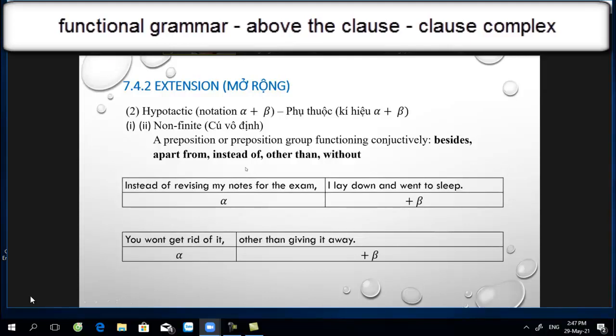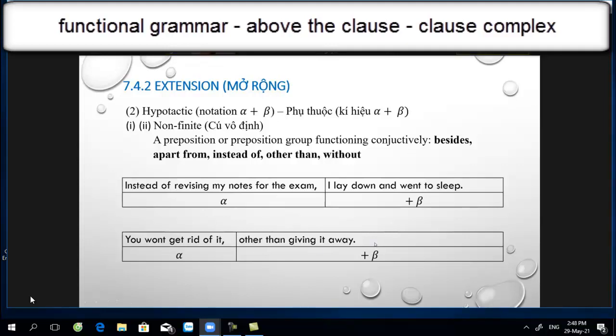And now we have besides, apart from, instead of, other than, and without. Ting, can you call another one, please? Mr. Vin, please. Instead of revising my notes for the exam, I lay down and went to sleep. Okay, thank you, Mr. Vin. And can you read the rest?